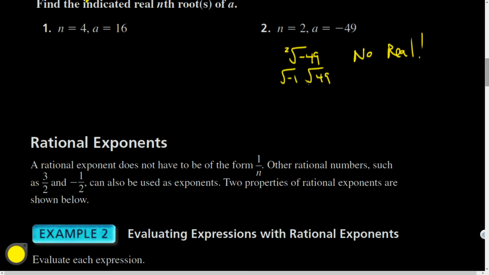Because I'm blending together a couple different units from different books, 3 different units in fact, they probably would have accepted just saying no real answer. But the square root of -1 is i, and the square root of 49 is 7. And so there's technically plus or minus 7i that would happen there.